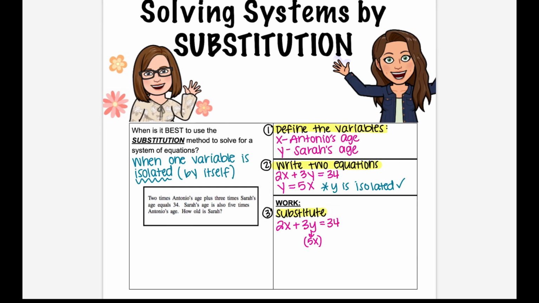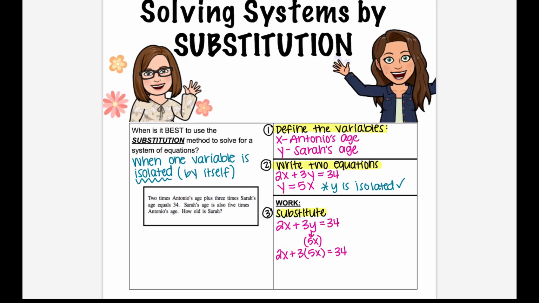So we can swap them or replace them or substitute them by taking 5x and putting it in the place of the y. So that would give us 2x plus 3 times 5x equals 34. So all we did right there was, since y is equal to 5x, in that first equation we took y and replaced it with 5x. So that was our substitution piece.